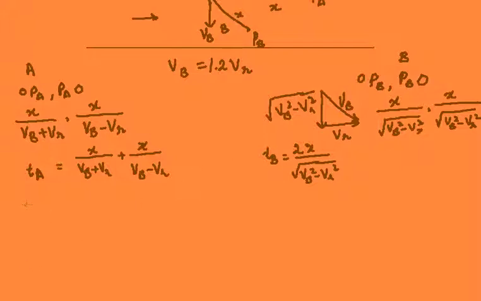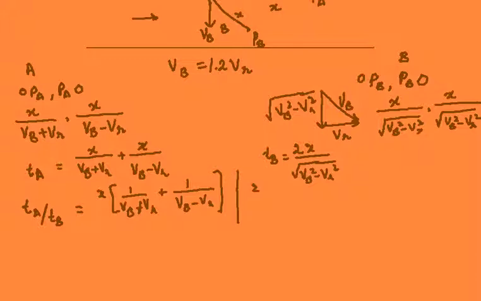If I have to calculate the ratio of the times, TA by TB, taking x as a common factor, I get x into 1 by Vb plus Vr plus 1 by Vb minus Vr, divided by 2x by root over Vb square minus Vr square.